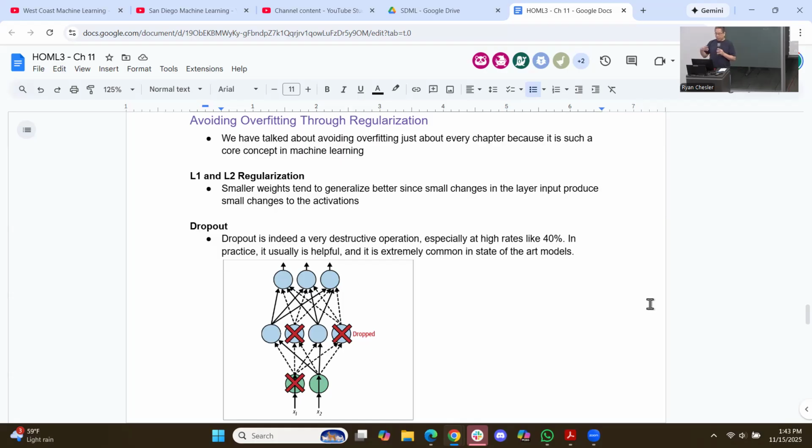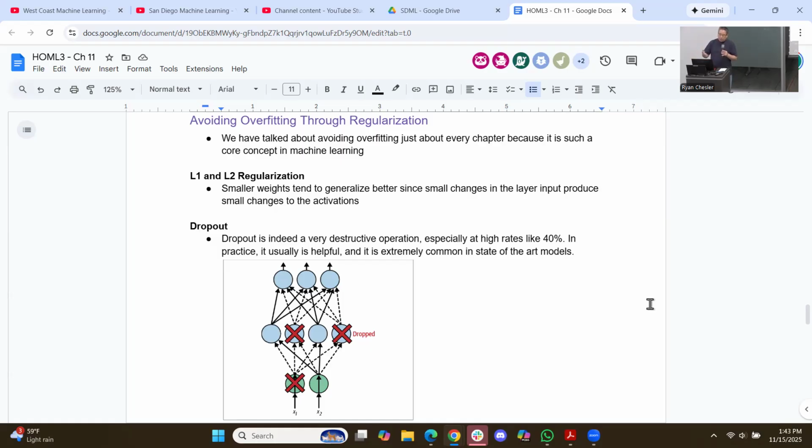If you had a giant weight, say a weight that was 1 million, then if you move your input by 1, your output changes by 1,000,000. Most real world problems don't have those kinds of properties, which is why we find forcing your neural network to have small weights tends to be a good way to get generalization properties.